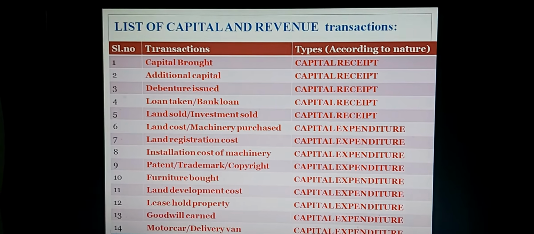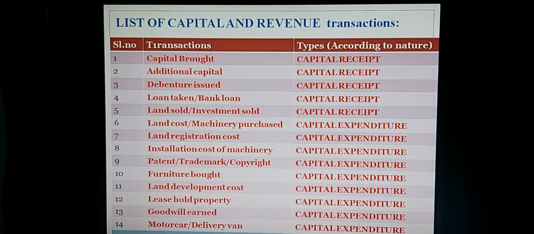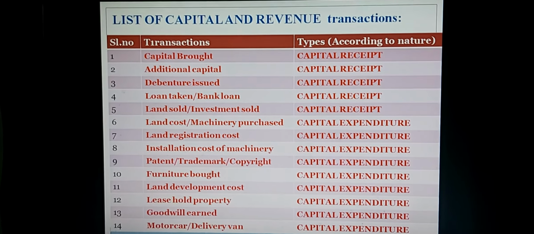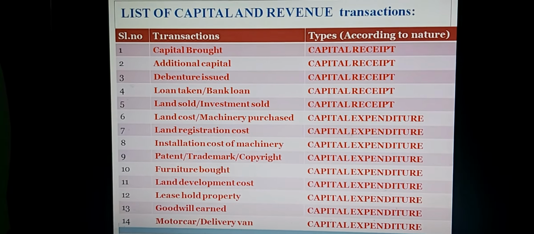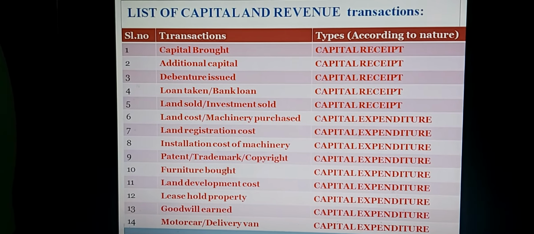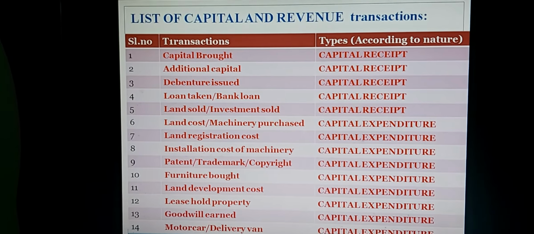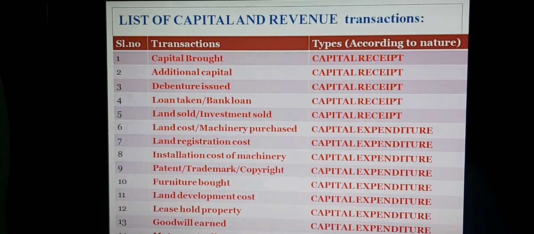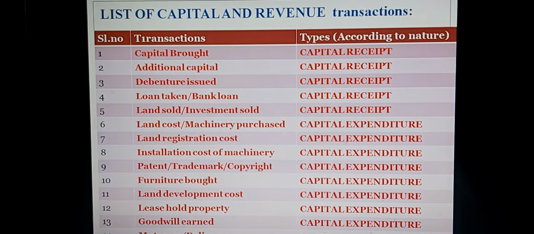So when any fixed asset is purchased, it is related to capital expenditure, and its installation cost, its carriage cost, its import duty or any other cost are to be included in the respective asset. So installation cost of machinery is capital expenditure.